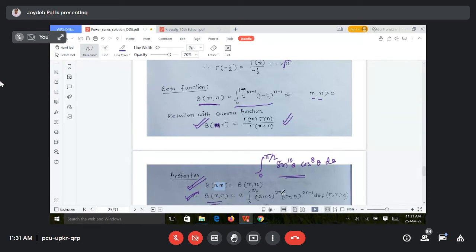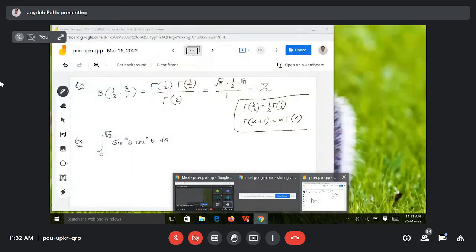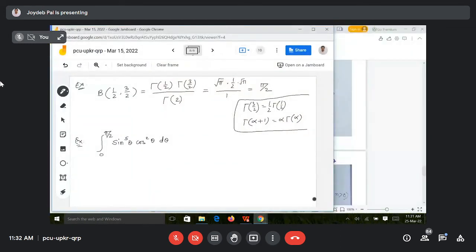So you need to know the values of m and n. According to the problem, 2m minus 1 is equal to 5, and 2n minus 1 is equal to 2. Therefore, what is the value of m? 3.